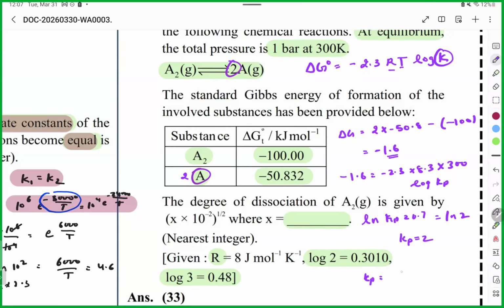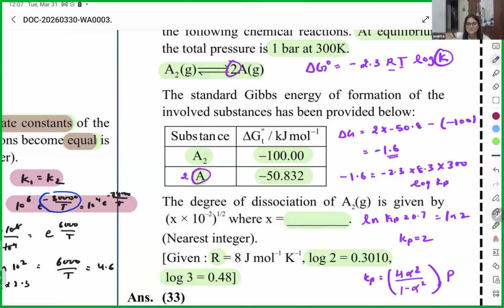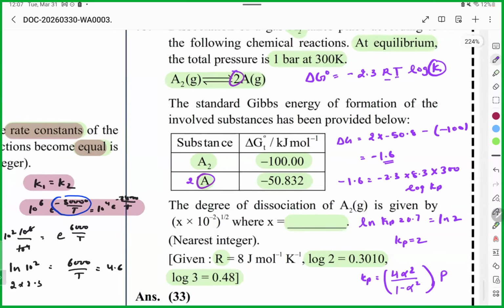Kp will be 2 square, 4 alpha square, because 2 molecules, over 1 minus alpha square, and product value P. Pressure, 1 bar, right? So you can calculate it. And did you observe one special thing?